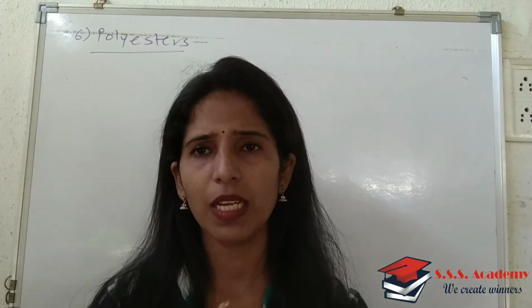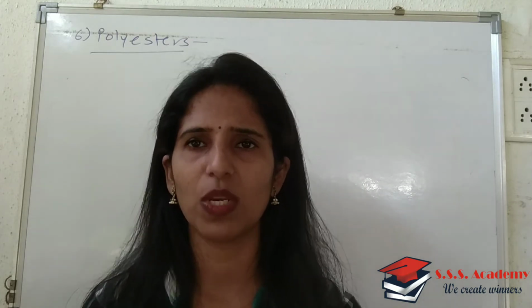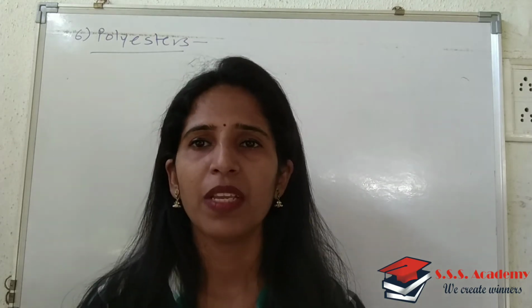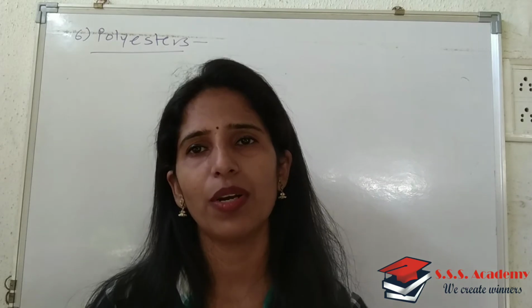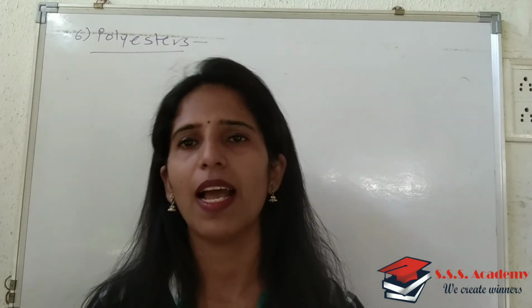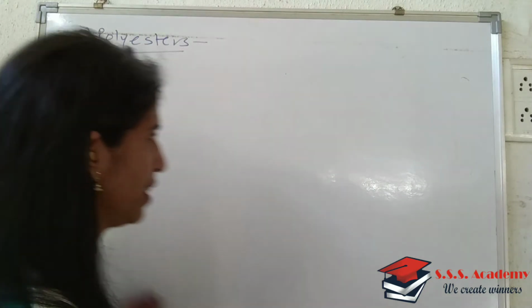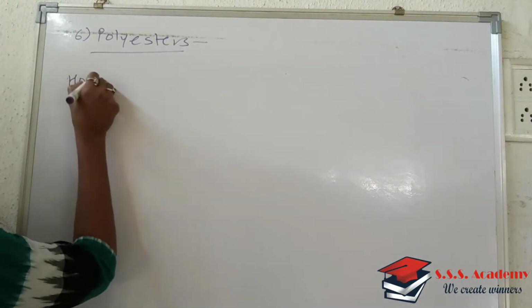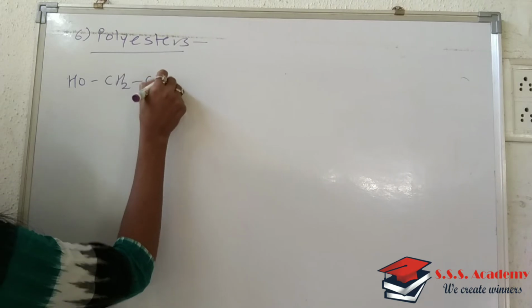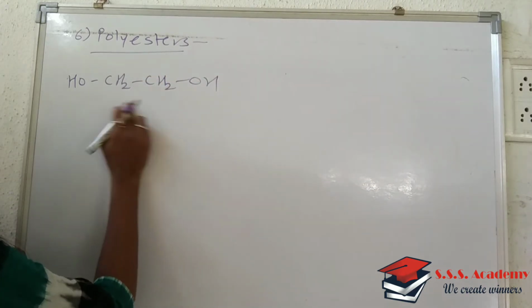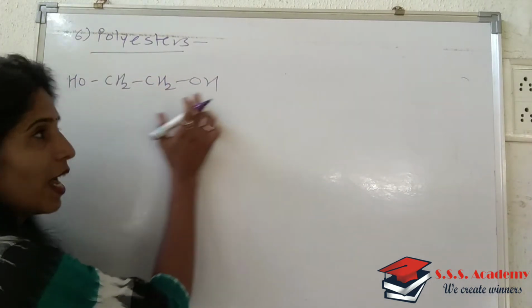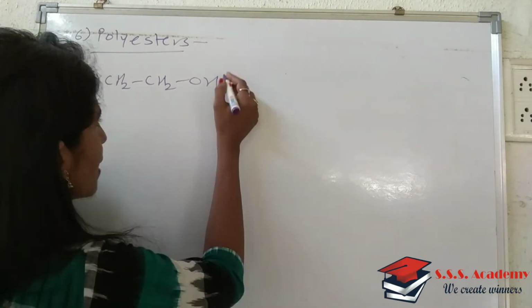First, it is consisting of ester linkage. Second, the most important polymer is terylene or dacron, and third, it is obtained by the condensation polymerization of ethylene glycol and terephthalic acid. So the structure for ethylene glycol is like this. See, this is ethylene, CH2, right? And this is OH. So this is ethylene glycol.